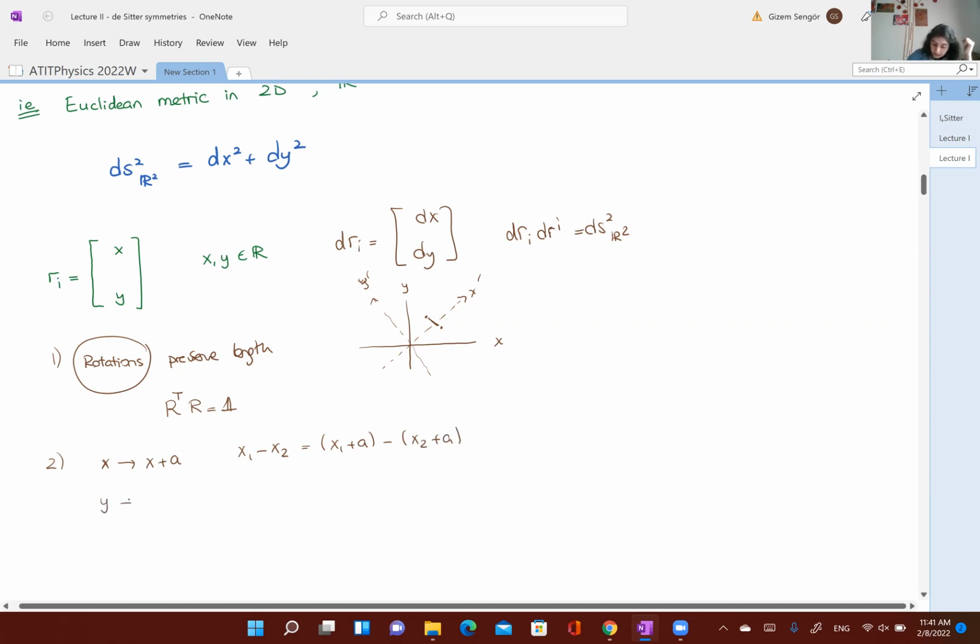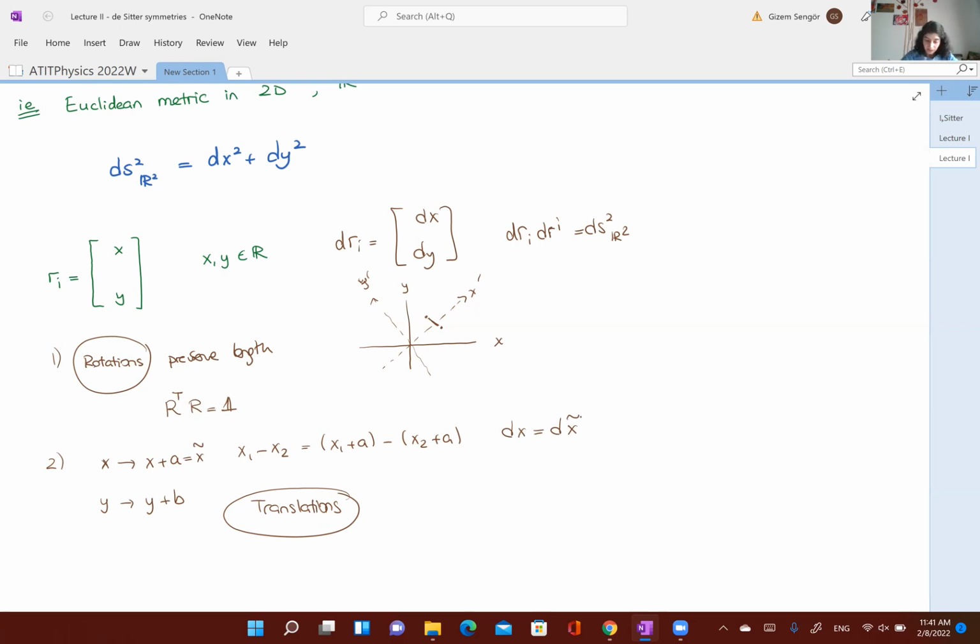I can also do this along the y direction by some other amount. So these are called translations.